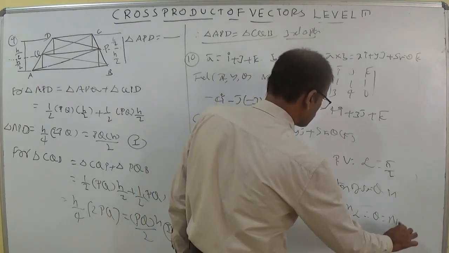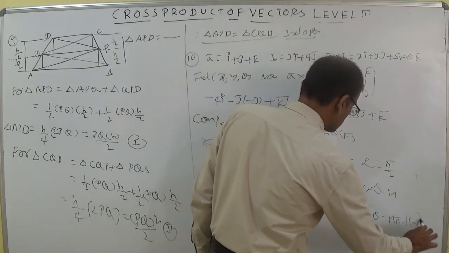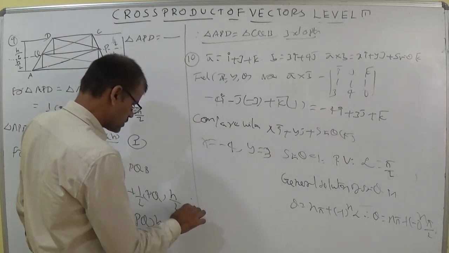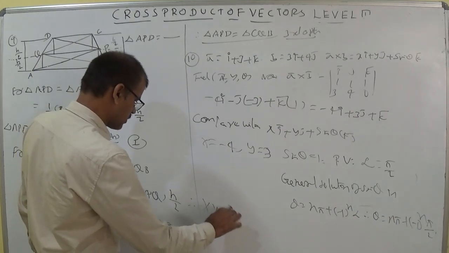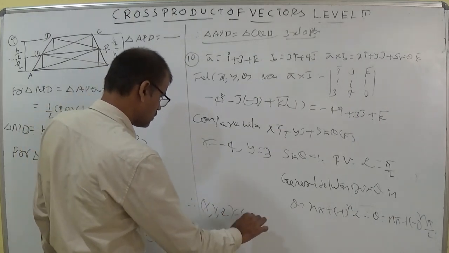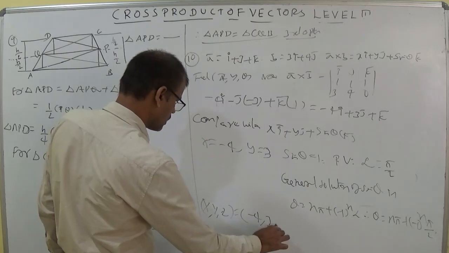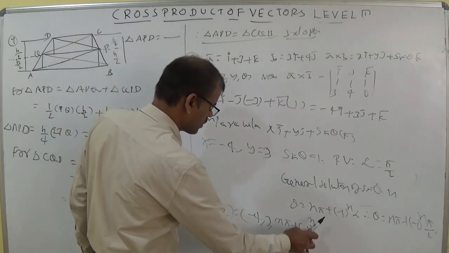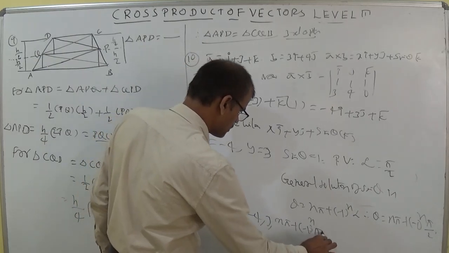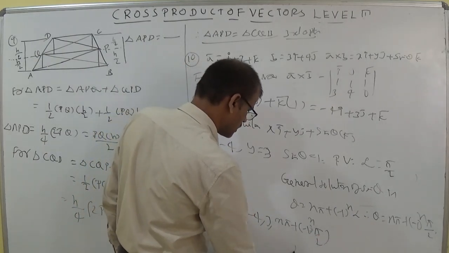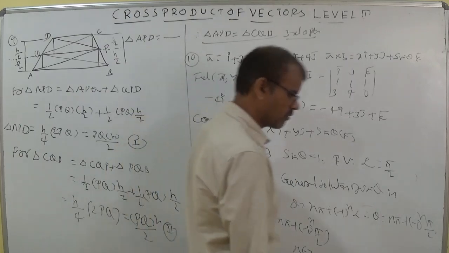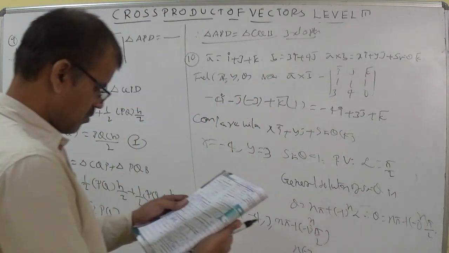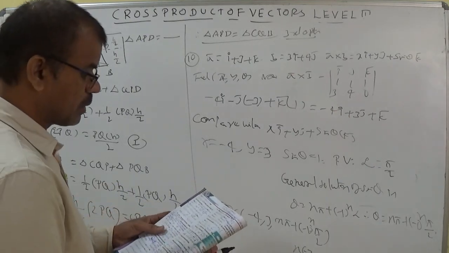Therefore theta is equal to n pi plus minus 1 whole power n into pi by 2. Therefore X comma Y comma theta is equal to minus 4 comma 3 comma n pi plus minus 1 whole power n into pi by 2, n belongs to Z. That is the formula of trigonometric equations. Everything is correct, second option.